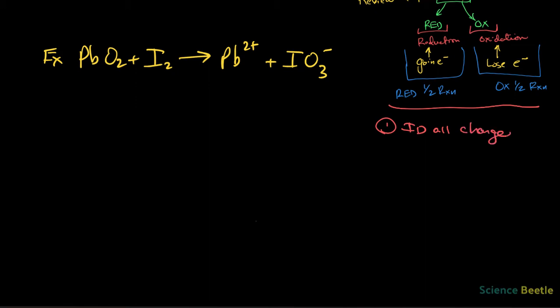This statement refers to identifying the charges of all of the atoms in the formula. We'll go through step by step. For the lead, notice we've got oxygen. Oxygen is more electronegative than the lead. Lead is a metal, so it's going to lose electrons. But oxygen, we've got 2 of them.